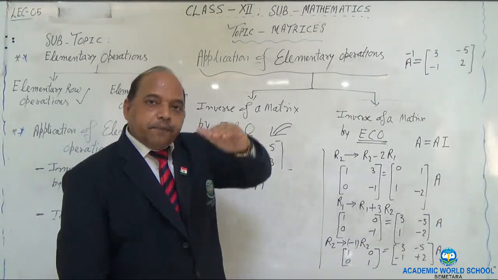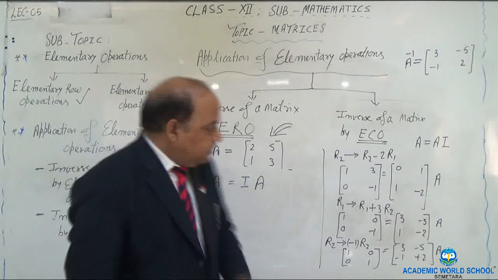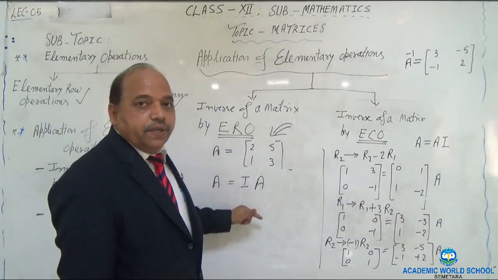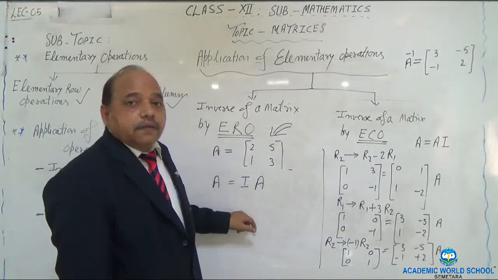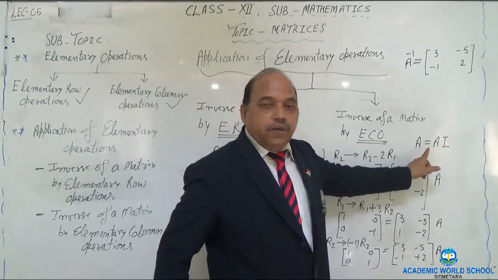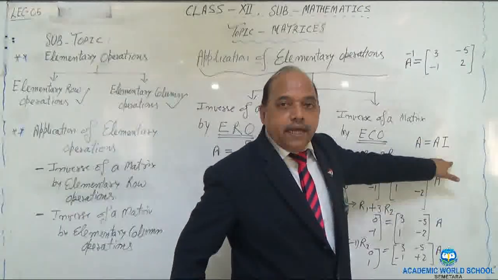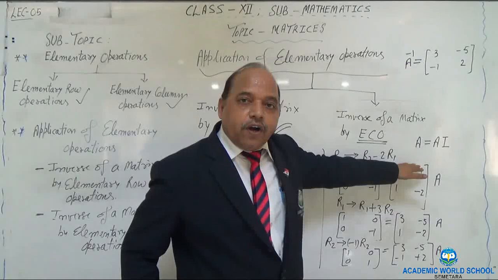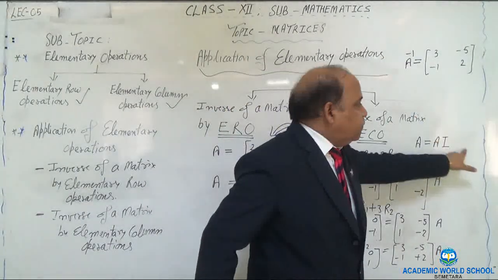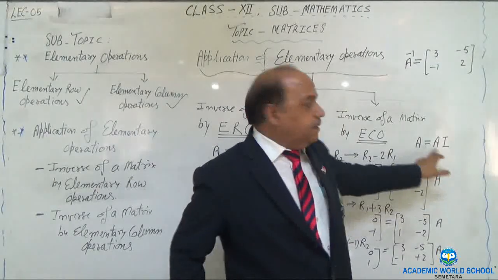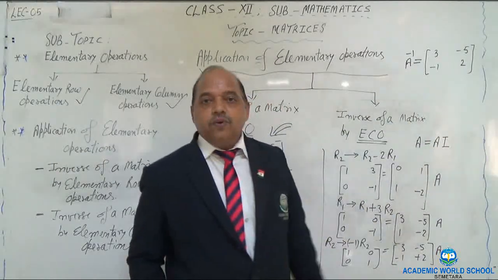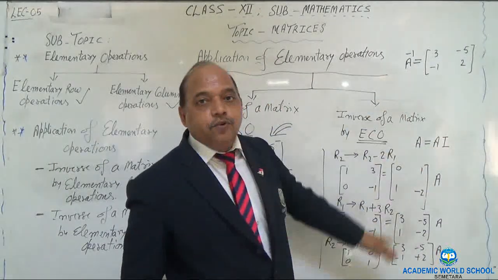For row operations, write A equal to I into A, and for column operations, write A equal to A into I, and then apply. Whatever operations you apply on A, the same operations you apply on I. This A will remain untouched; it should not get affected by your operations. This is the way we have to proceed.